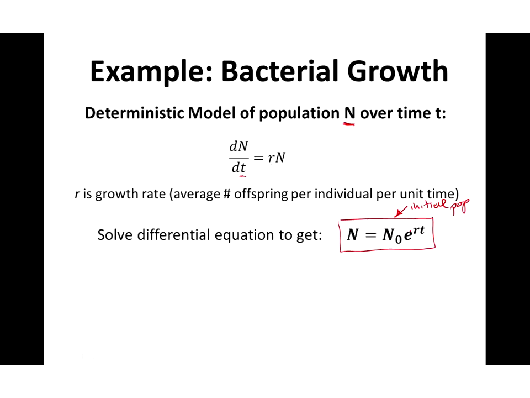So one of the things I want to demonstrate here with our bacterial growth model is that we can get exactly the same result with our stochastic model, our statistical simulation, that we did with our deterministic model. That is, we can get the same result, N = N naught e to the rt, as long as we use a large enough sample when we model our bacterial colonies.